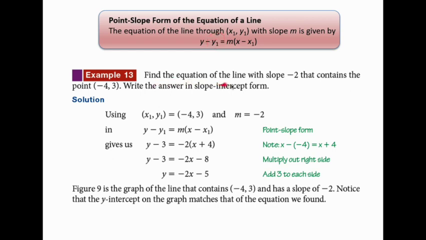Find the equation of the line with a slope of negative 2 that contains the point (-4, 3). So using this right here, my slope is negative 2, so I plug negative 2 in for that m. Then we're given the point (-4, 3). So negative 4 goes in for x1, 3 goes in for y1.